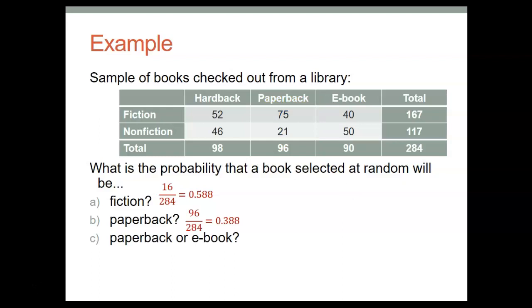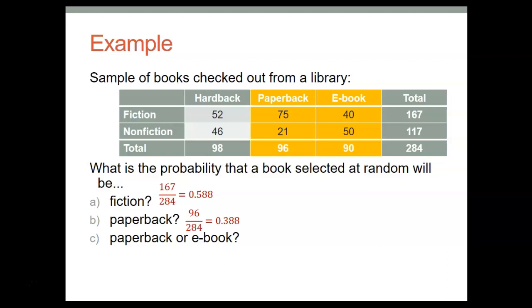What's the probability that a book selected at random will be paperback or ebook? So these are the ones we're talking about here. There's 96 paperbacks, there's 90 ebooks, and there's no overlap there. Those are mutually exclusive.